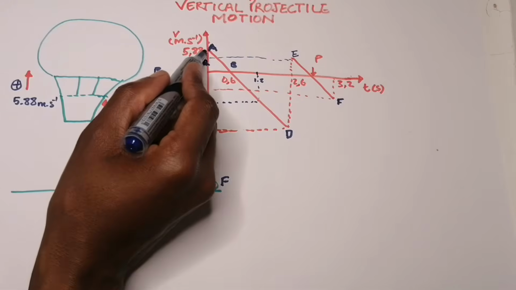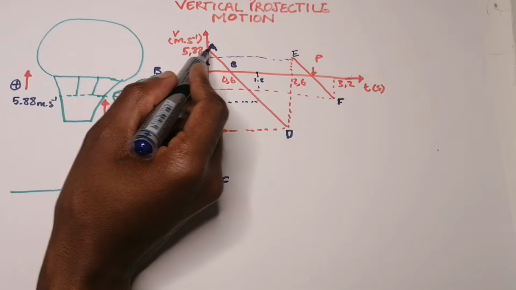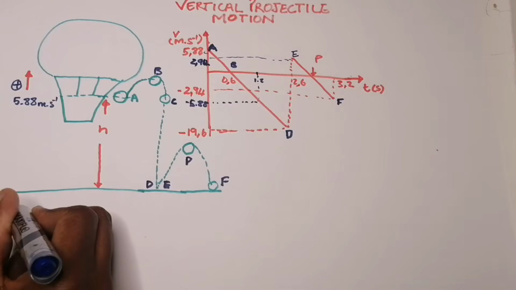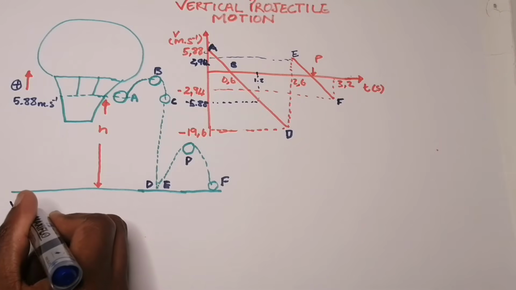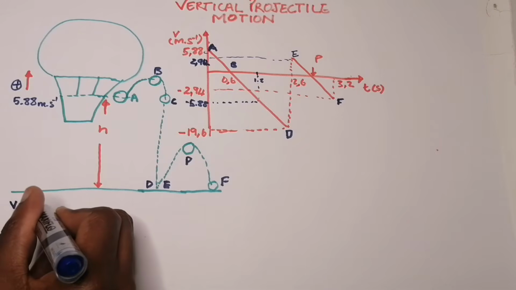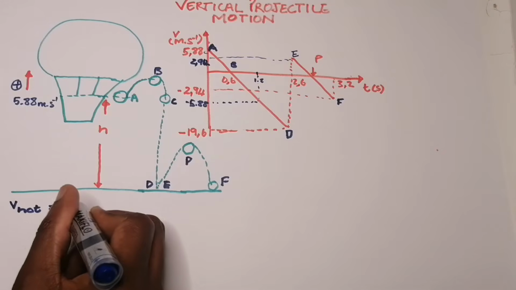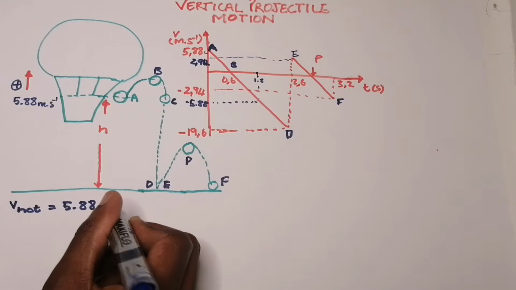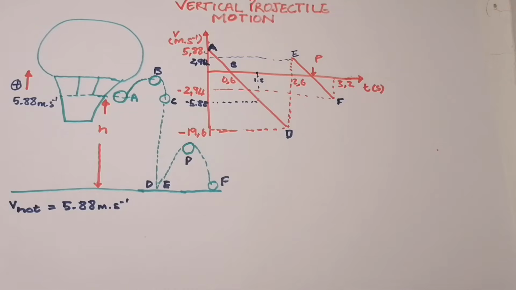So the initial velocity of the ball would be the velocity of the hot air balloon. They only wanted the magnitude of it, so it would be 5.88 meters per second. I hope that makes sense, right?